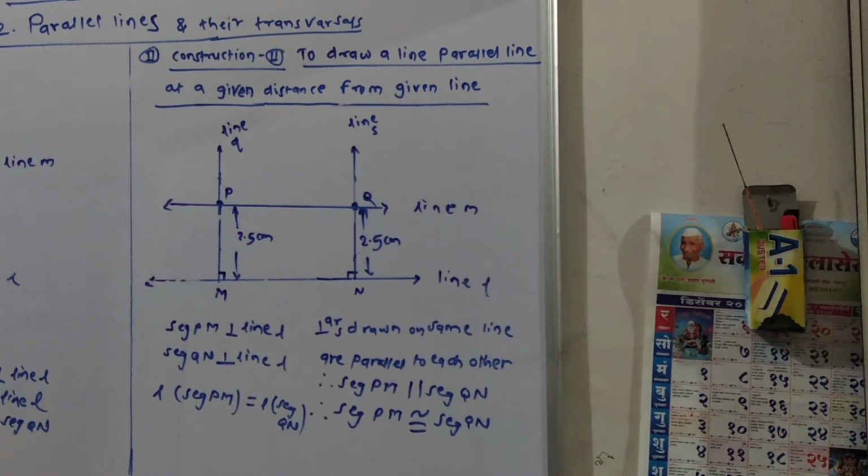Hence line PQ is parallel to line L at a distance of 2.5 centimeter. These are the type of construction, the second construction on the same property. So these are all about how to draw a line parallel to a given line.